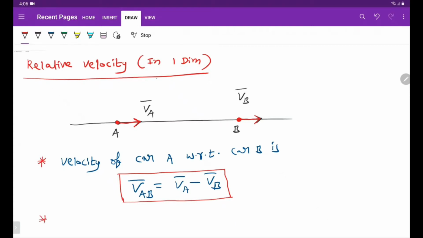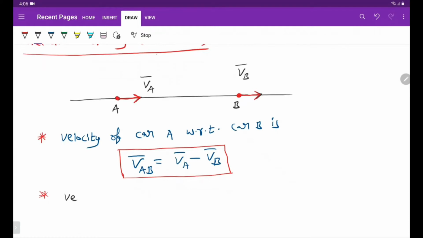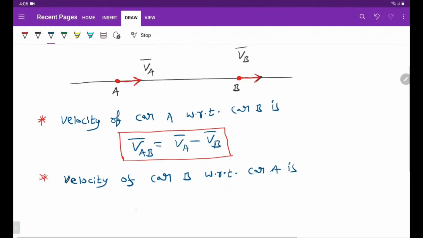The same formula we can also write like this: velocity of car B with respect to car A. So velocity of B with respect to A is equal to VB bar minus VA bar.